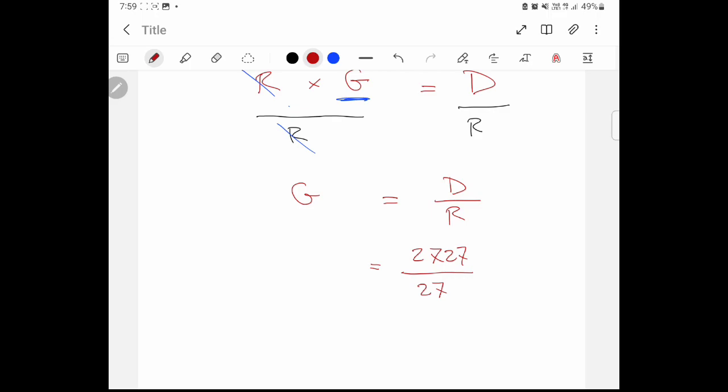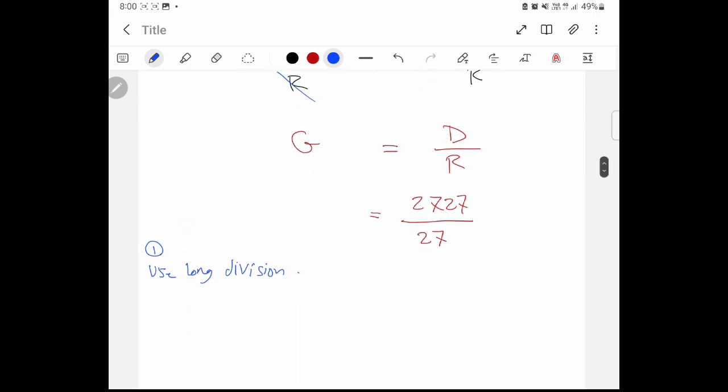Okay, now how do we do this without a calculator? Simply you can use long division. Okay, that's one way. Another way to do it is by noticing that 27 can be expressed as 2700 plus 27, which is 27 times 100 plus 27.